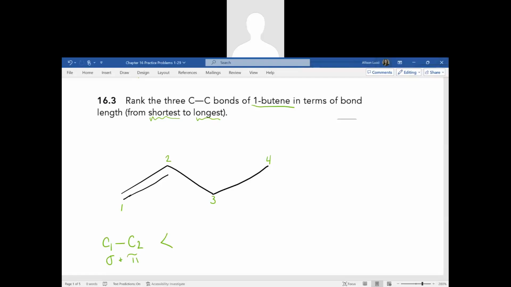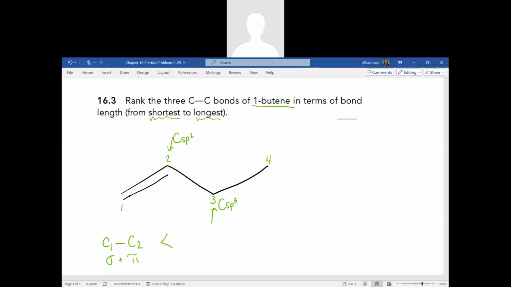In between, then, we would expect the bond between carbon 2 and carbon 3 to be shorter than that between carbon 3 and 4 because we have a carbon that is sp2 hybridized here. So this carbon's sp2, and this carbon here is sp3 hybridized.